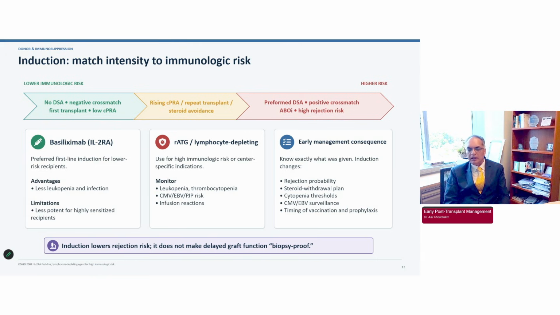Rejection rates will be higher in patients who get basiliximab compared to ATG. It may influence the steroid withdrawal plan, although some centers do steroid withdrawal with basiliximab induction therapy. And also it may impact CMV and EBV surveillance, particularly in higher risk individuals.